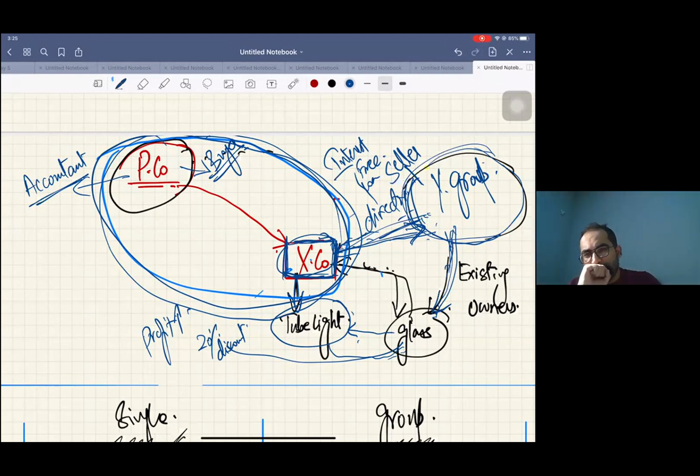One more thing. You need to check whether there are any cases, disputes or obligations on this X company, so you need to settle them beforehand. You need to check all the court cases and whether this X company has any obligation or not. So my dear student, takeover is not an easy decision.